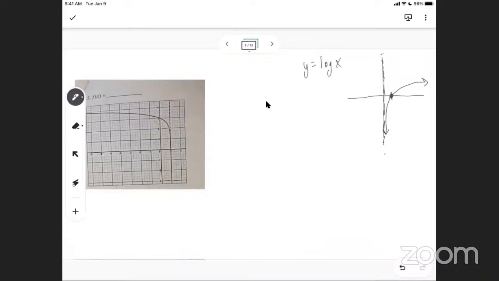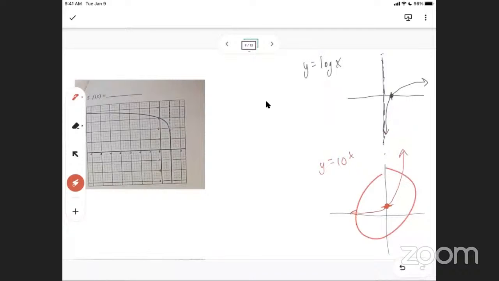And that's actually the inverse of the exponential function. If you remember what an exponential function was, y equals 10 to the x always goes through (0, 1), and it goes up like that, and it goes down toward this horizontal asymptote. So these graphs are the inverses of each other, basically.